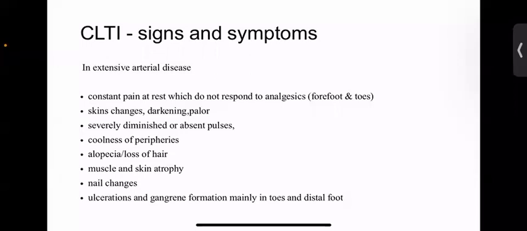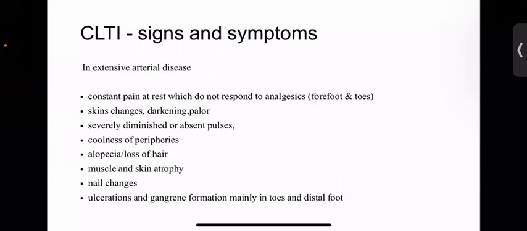We also have some clinical signs like severely diminished or absent pulses, and coolness of the peripheries, especially distal to the point of occlusion. We can also have alopecia or hair loss in areas supplied by blood vessels that are completely narrowed. Sometimes we can pick up muscle atrophy because patients, as a result of the pain, do not want to walk anymore, so gradually they lose muscle function and muscle mass in those areas.